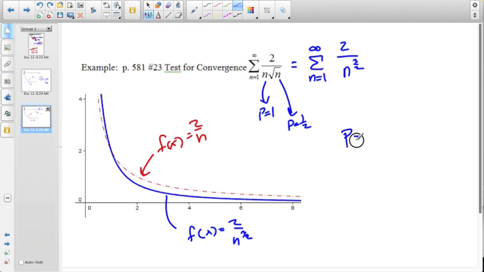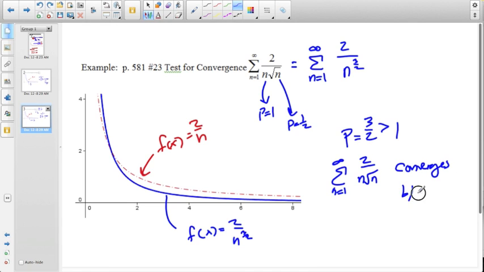In this case, our p-value is 3/2, which is greater than 1. And so this series, and you can write it like this, or you can write it in the rewritten form, doesn't matter, converges again because of the p-series test.